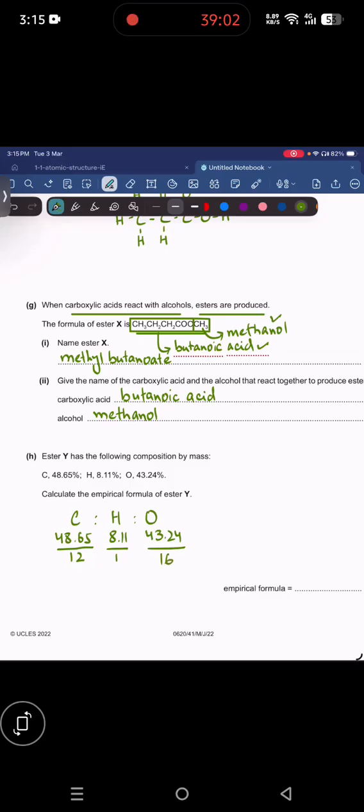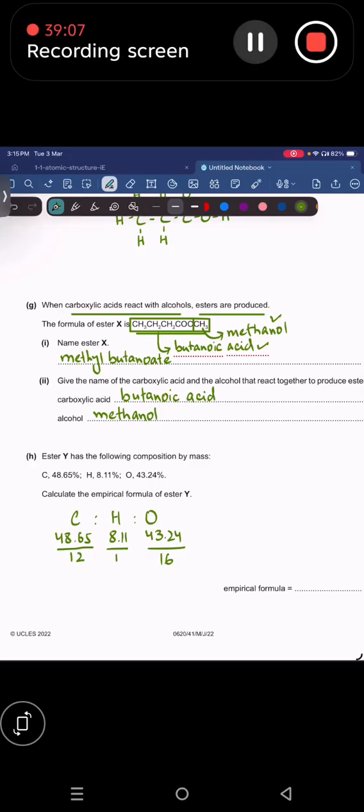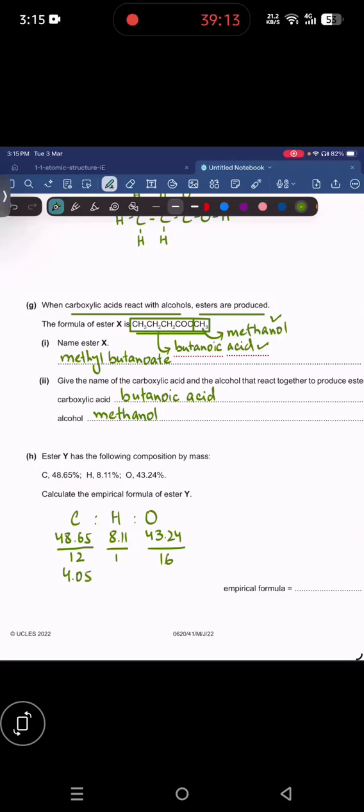Calculate and give me the answer. Carbon is 4.05, hydrogen 8.11, oxygen 2.7.